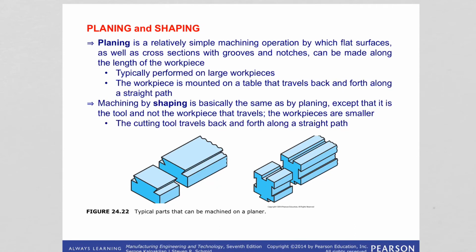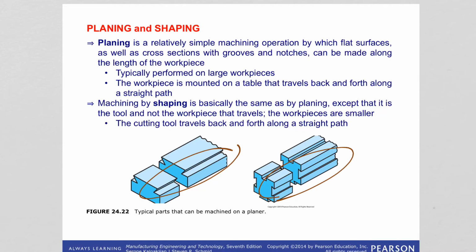So besides milling, there's planing. This is again a simple machining operation by which flat surfaces, cross sections with grooves and notches can be made along the length of the workpiece, as you can see in some of the images shown here.